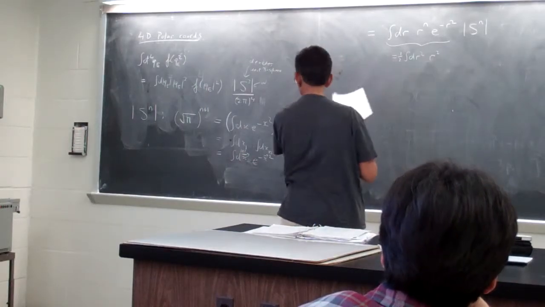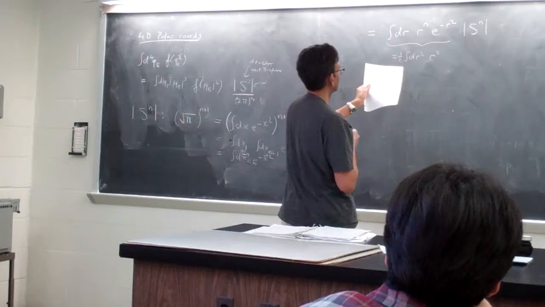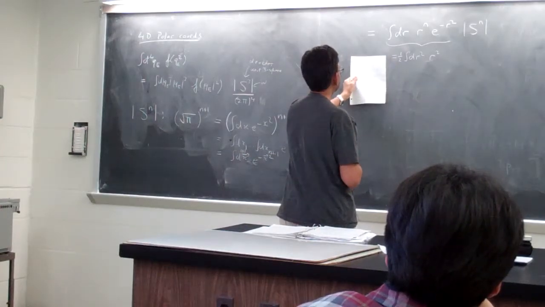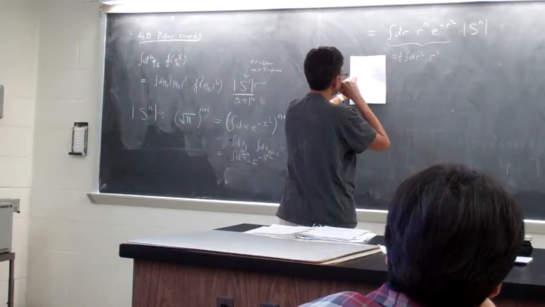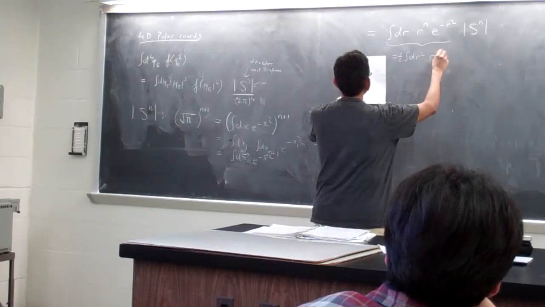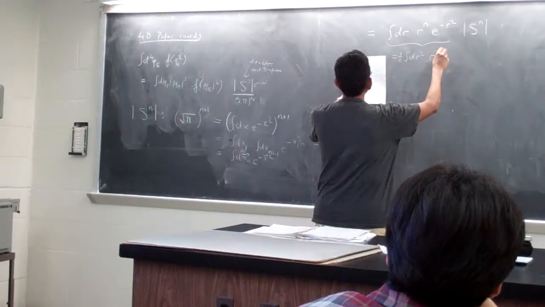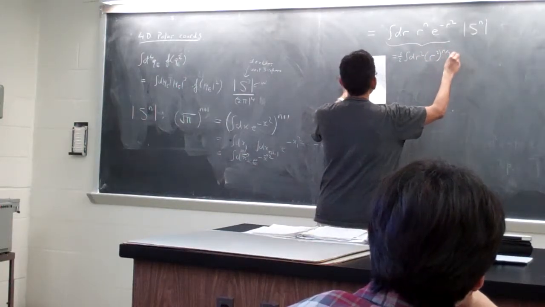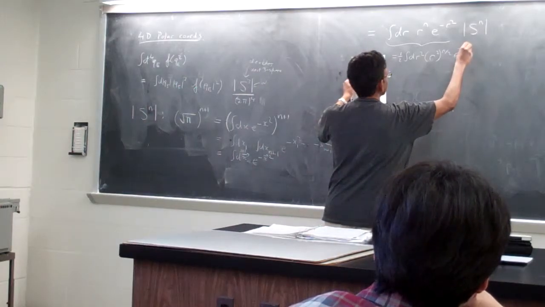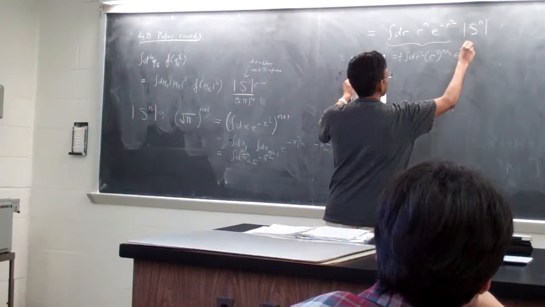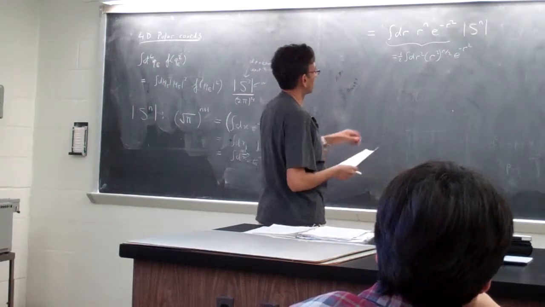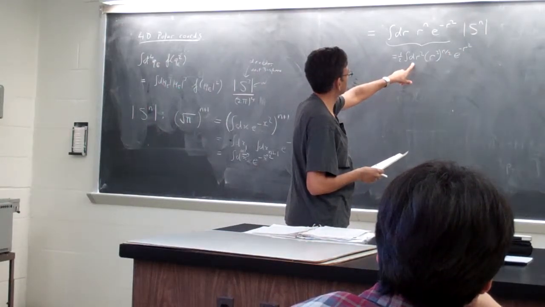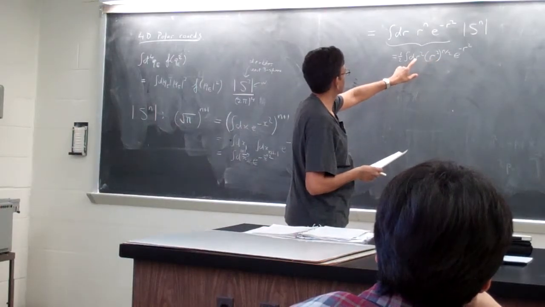This is r to the n plus 1. That's correct. Here, r to the... Okay, let me see. What I have in my notes is n over 2. And then I want to write e to the minus r squared. But this is wrong, right? Because this is r to the n plus 2, so.